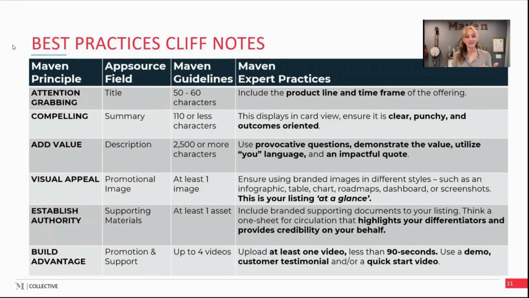So the compelling summary: add value, add you language. It's all about the client. It's not about your product. Make sure you add that you language. We talked about visual appeal. One thing we didn't talk about is establishing authority. This is a great way to establish authority with a new audience by adding things like any kind of certifications that are in line with your offer, any kind of customer testimonials that show authority and social proof.